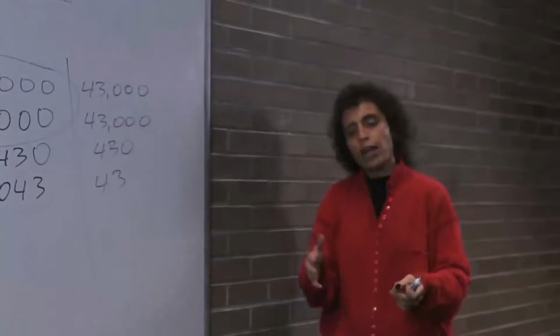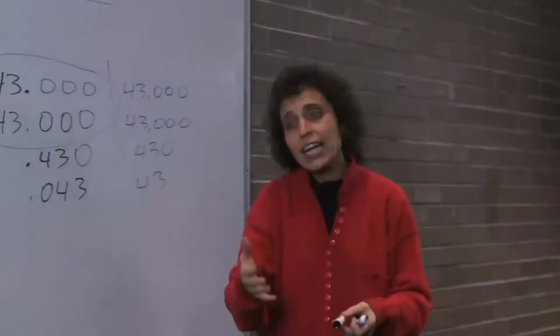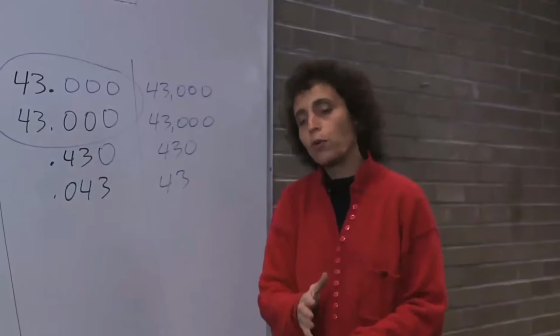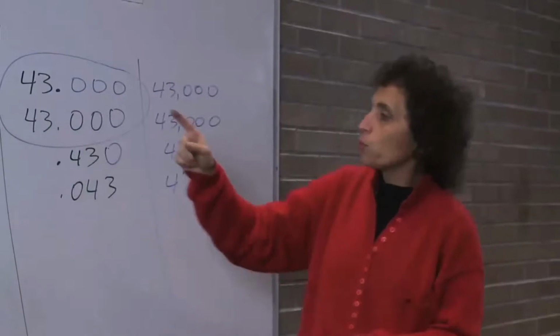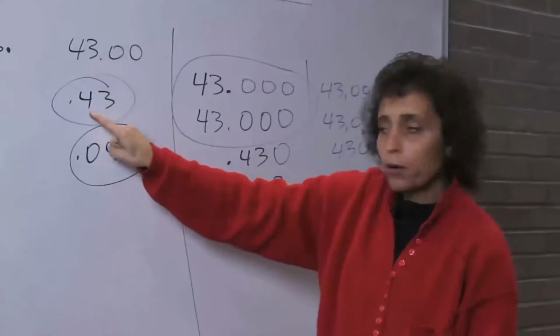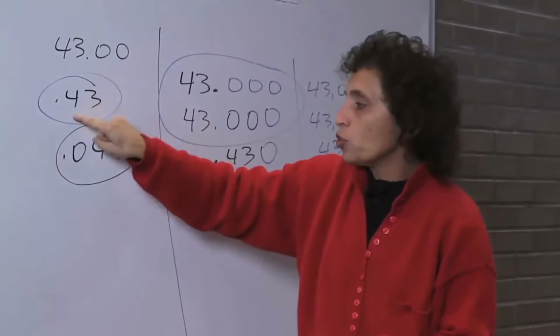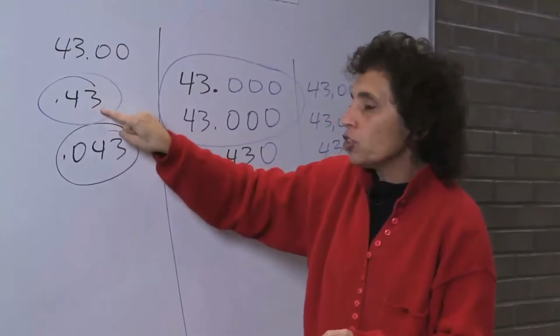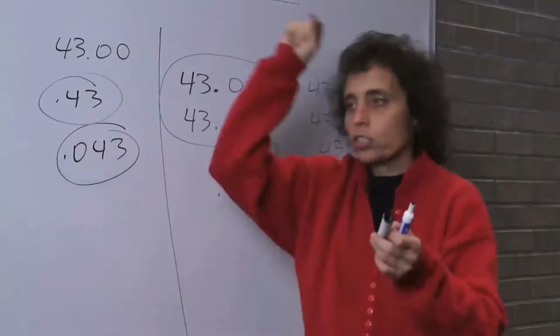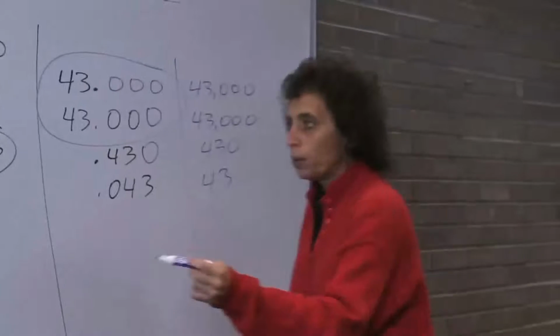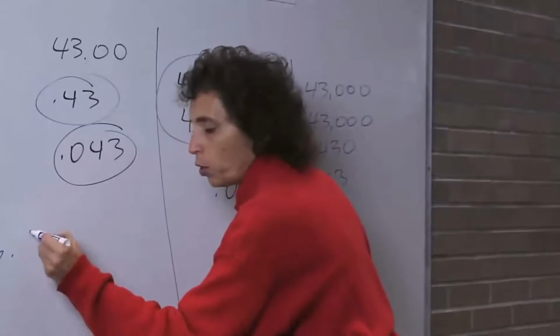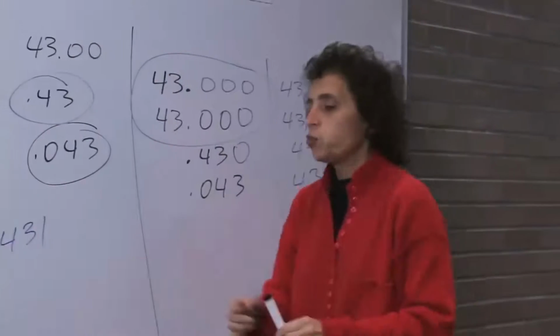Now, we've already talked about reading and writing decimals, and this is in your workbook. To read a decimal, we just say the number, 43, and then say the place that last digit sits. So 43 hundredths. And if you have a whole number, let's say you have 16.431, this would be 16.